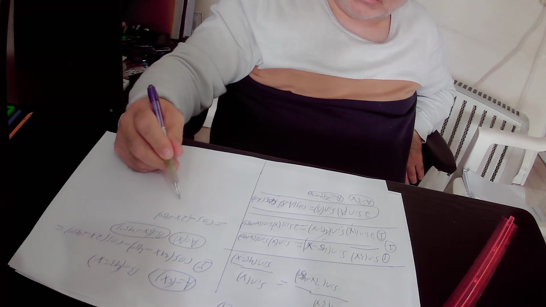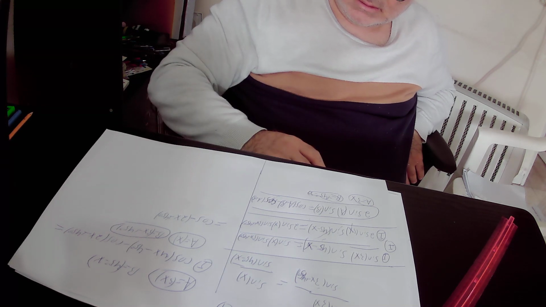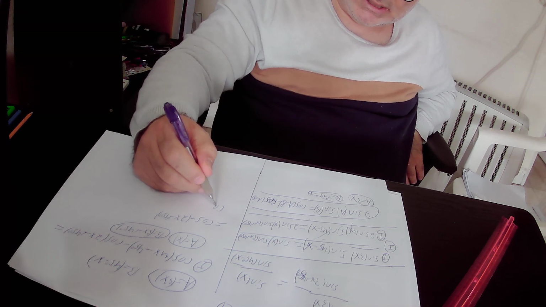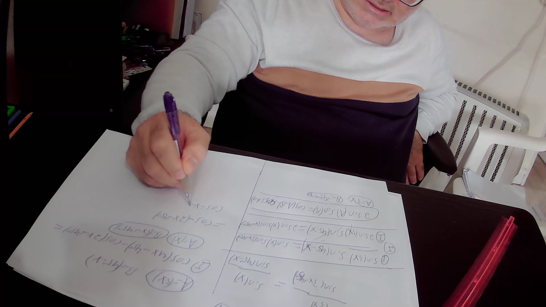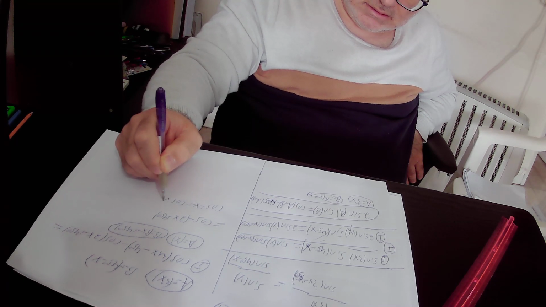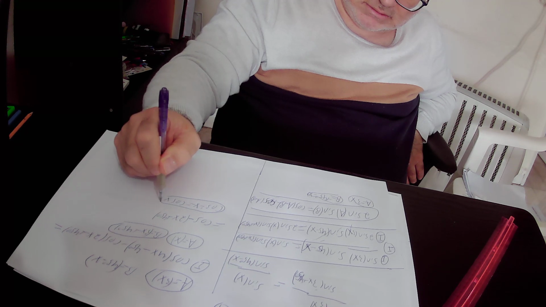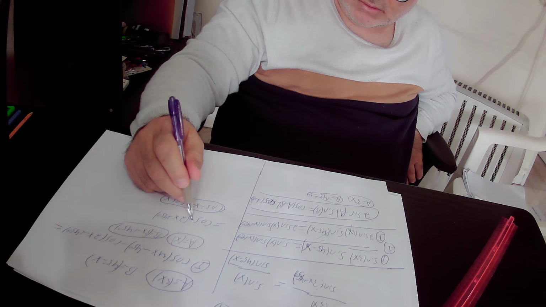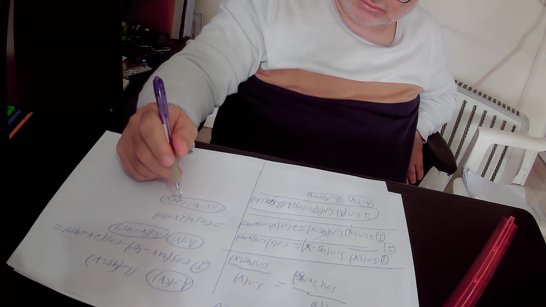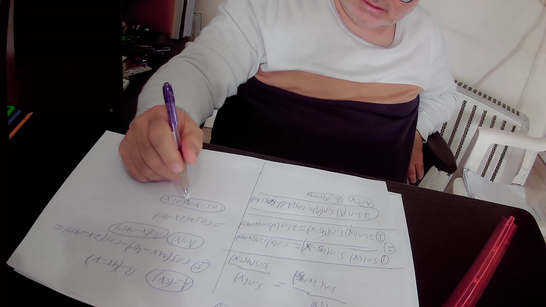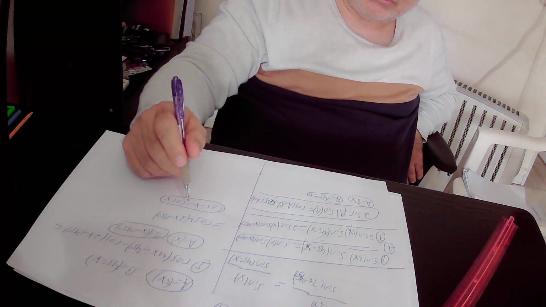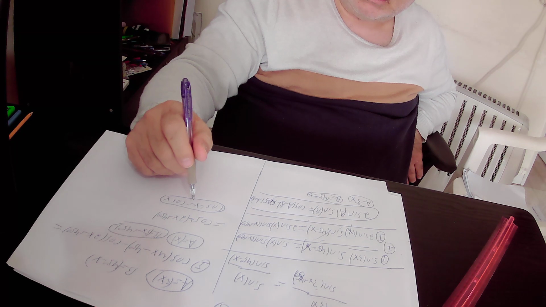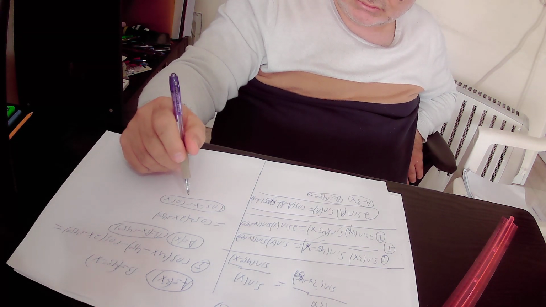So we actually got cosine (minus 2x minus 45 degrees). But according to the trigonometric identity that states that cosine of minus x equals cosine x, cosine (minus 2x minus 45 degrees) equals cosine (2x plus 45 degrees), because we changed the negative sign to a positive sign according to the formula that cosine of minus x equals cosine x.